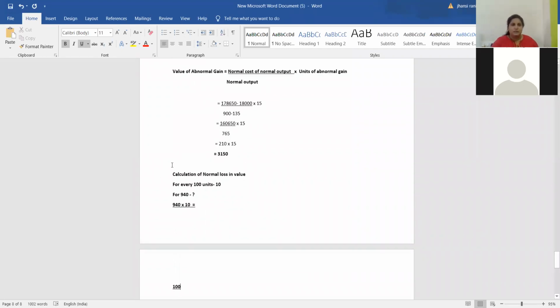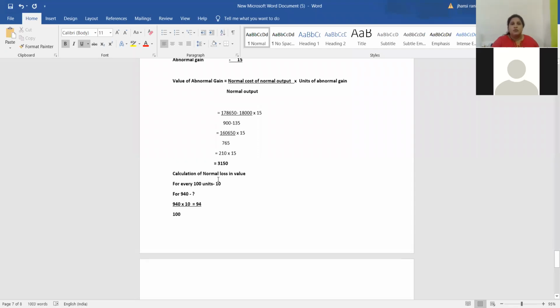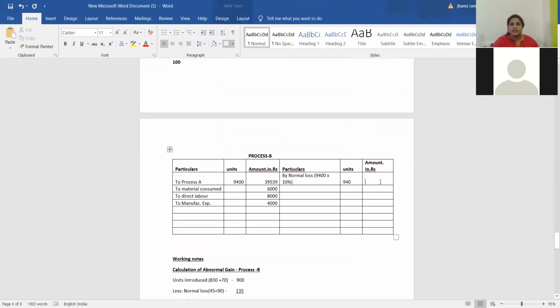It comes to how much? 940 divided by 100, 94. Yes, it will be 94. So now the normal loss value is 94.